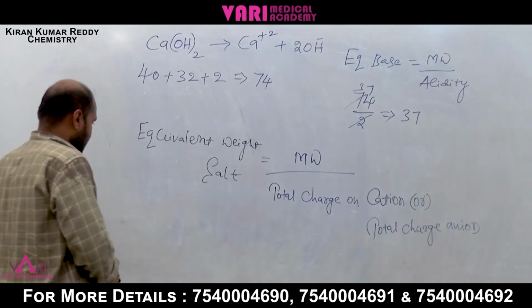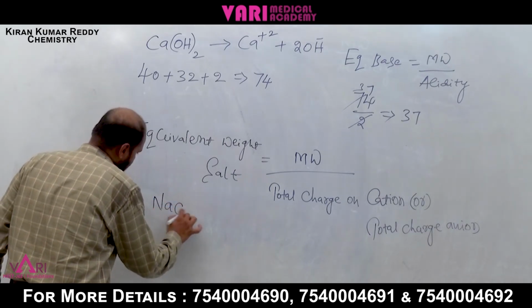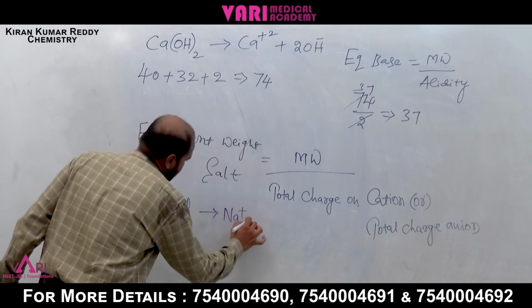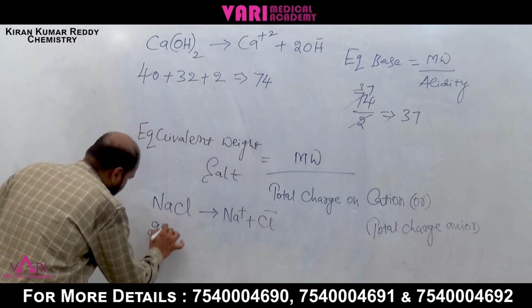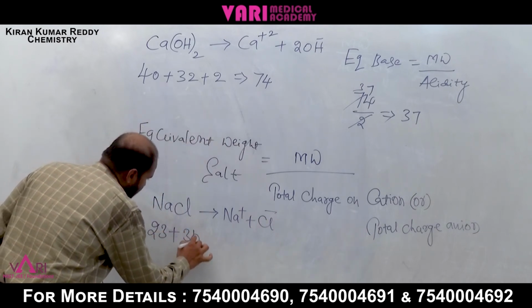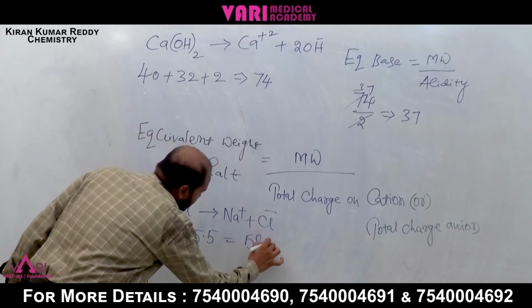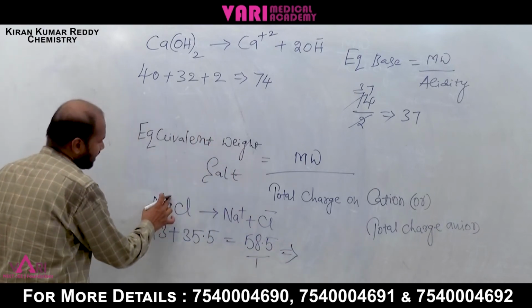Now we can explain. First one, I am taking NaCl. Here NaCl means Na plus and Cl minus. Sodium is 23, chlorine is 35.5, that is equal to 58.5 by 1. Why is it 1? That is Na plus only.